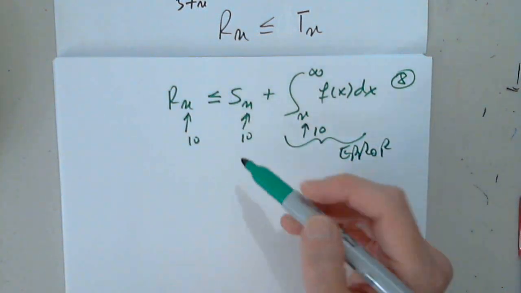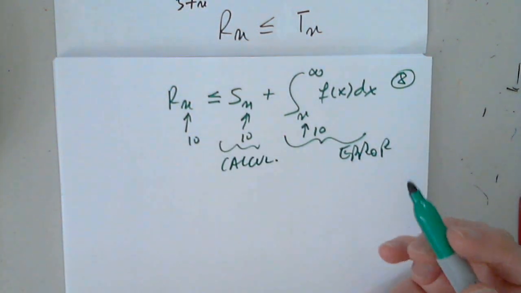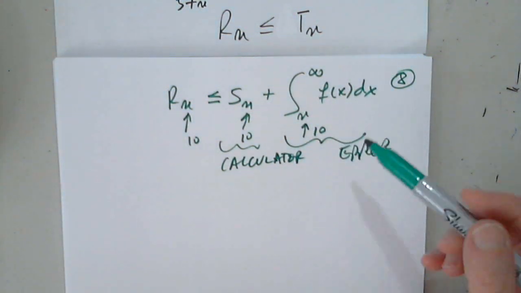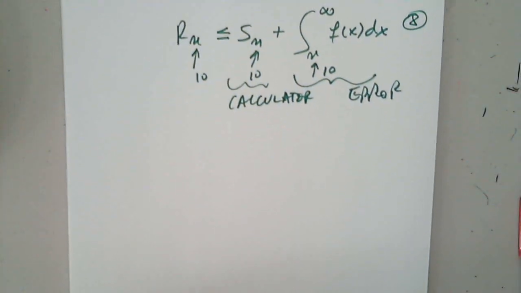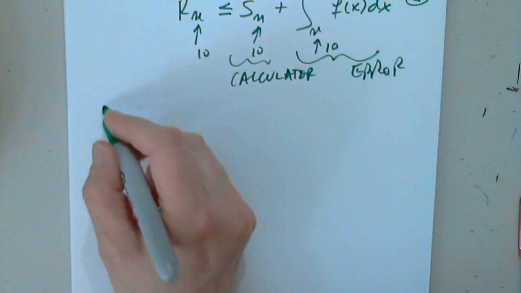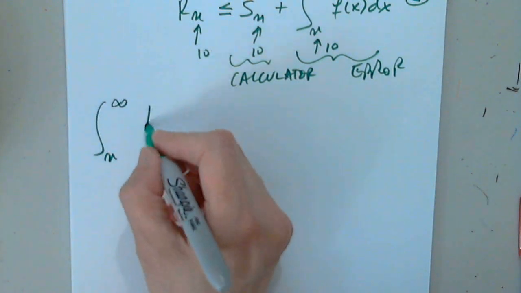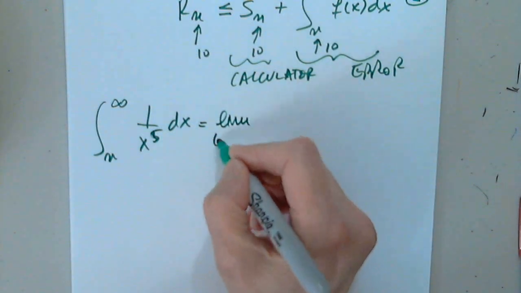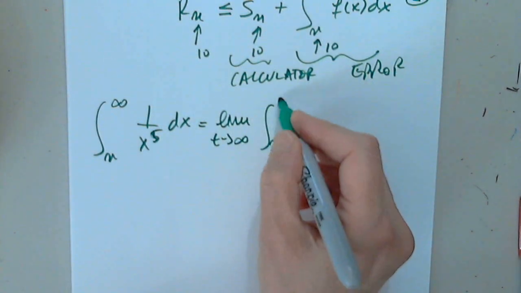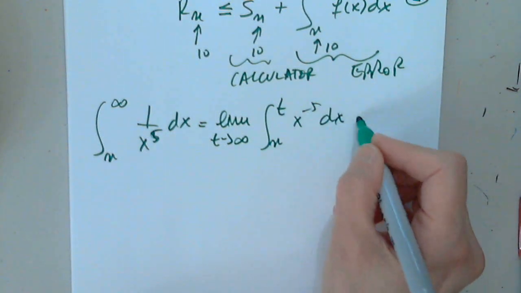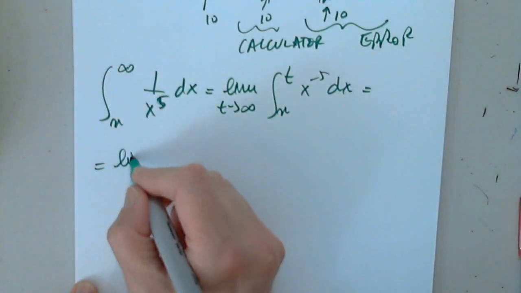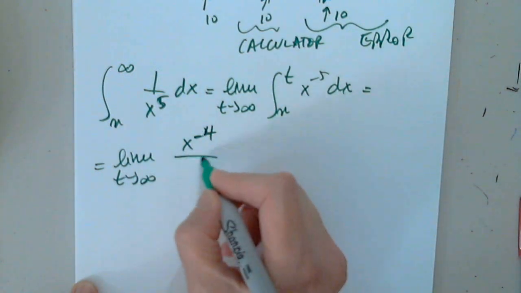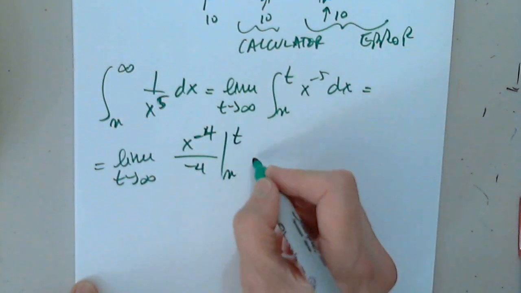This is easy to determine with a calculator. But they're only asking us to find the error. So let's find just the error. Good, so then the error would be, let's find first the integral from n to infinity of 1 over x to the 5th dx, which is limit as t approaches infinity from n to t, x to negative 5 dx, which is the limit as t approaches infinity, x to negative 4 over negative 4 from n to t.